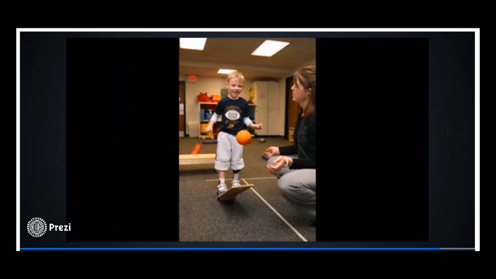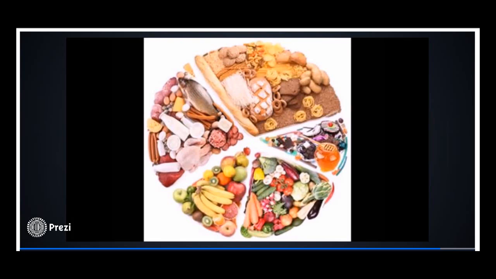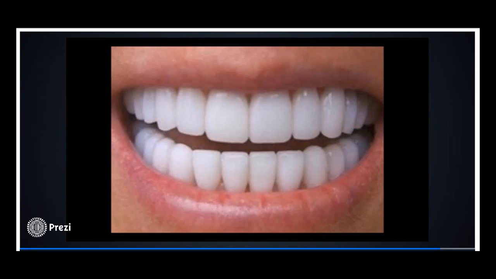Physical and occupational therapy can help people cope and deal with their situations on a daily basis. A good balanced diet can help people with osteopetrosis live a long and healthy life. Good hygiene and dental care is also very important for people with osteopetrosis. This can help prevent many dental infections.